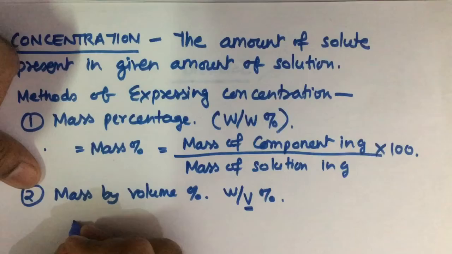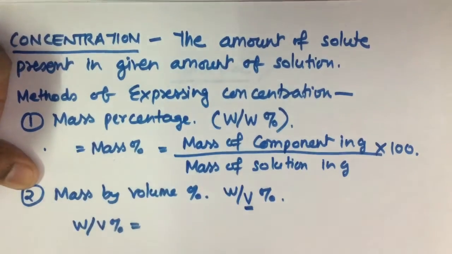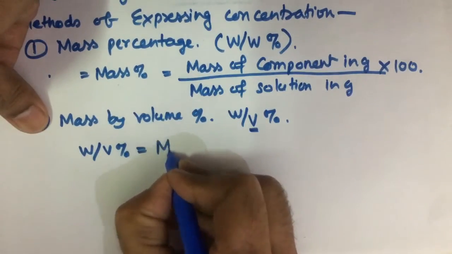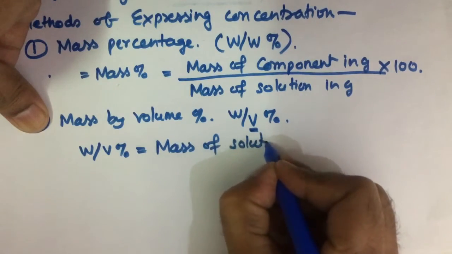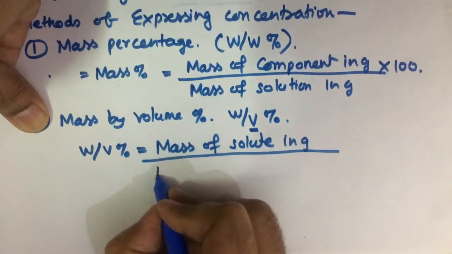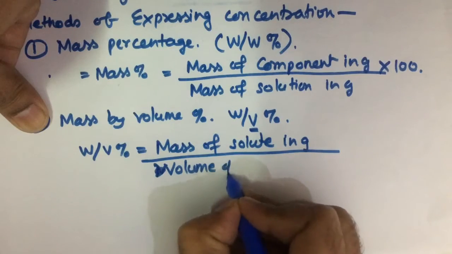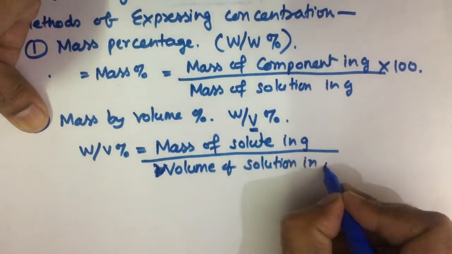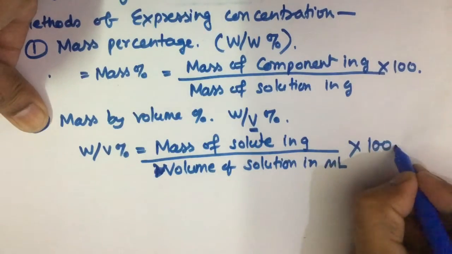So W by V percent is equal to mass of solute in grams upon volume of solution in milliliters multiplied by 100.